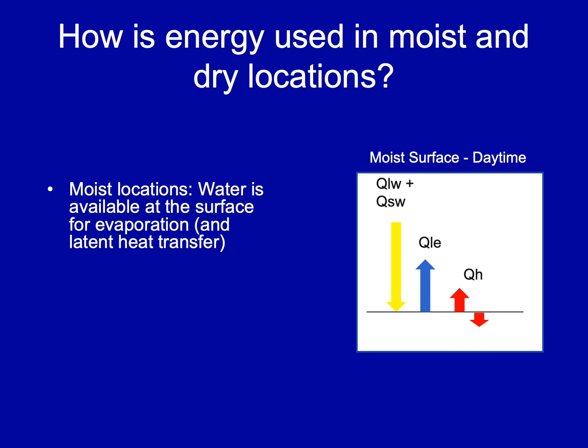This final set of illustrations can help us to think through why the energy balance is important. This image shows a typical distribution of energy fluxes over a moist surface, such as a well-watered grass field during the daytime. Net solar radiation is always positive during the day, so the yellow arrow is showing energy coming to the land surface, the sum of shortwave and longwave radiation. This is energy that can be used both for latent heat, shown in blue, and sensible heat, shown in red.